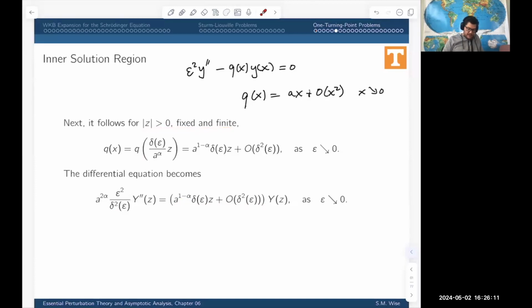Z could be positive or negative because I'm in the inner solution region, so it's both sides of 0, plus order delta squared, all times Y. I took this term and moved it over to the right-hand side, which is why we get equals here and no minus sign. And all of this is asymptotically correct as epsilon goes to 0.